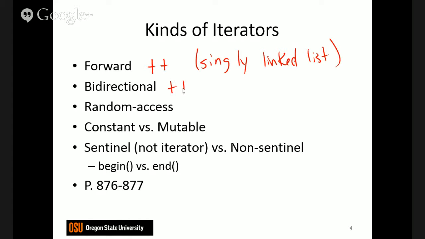You can go forward and you can go backward in a doubly linked list. So I'm just giving you some examples. And you could do a random access into somewhere. What was this, vectors?